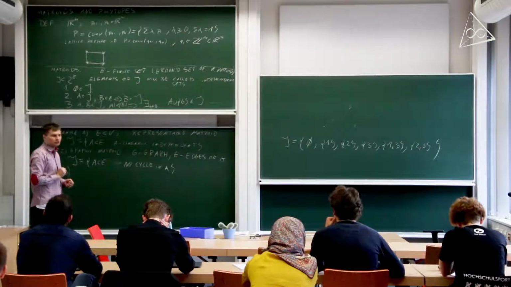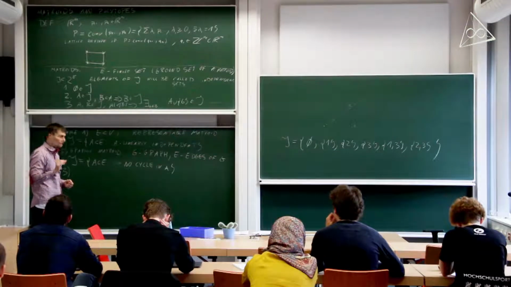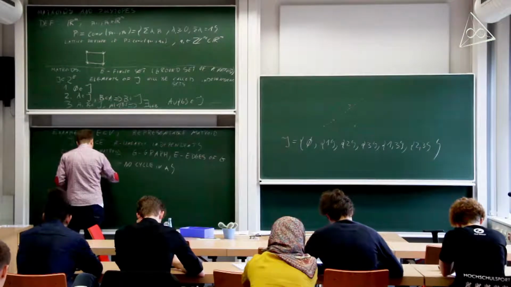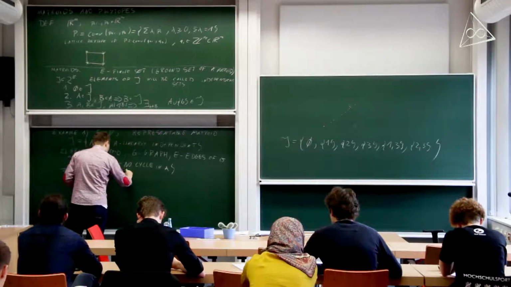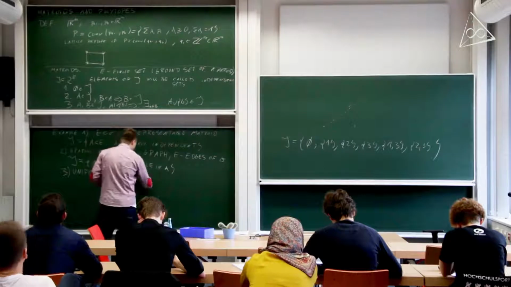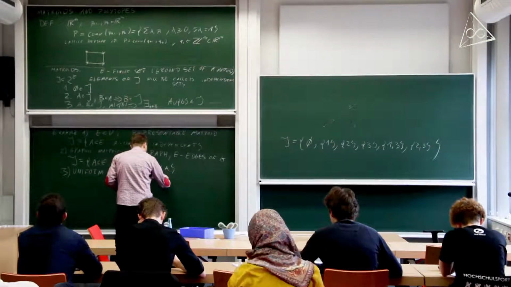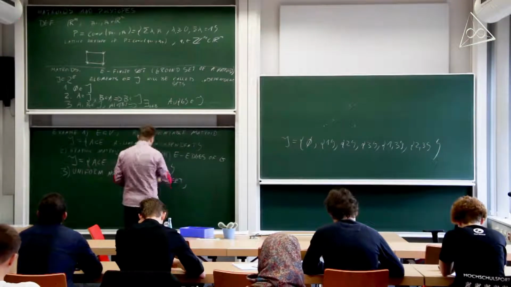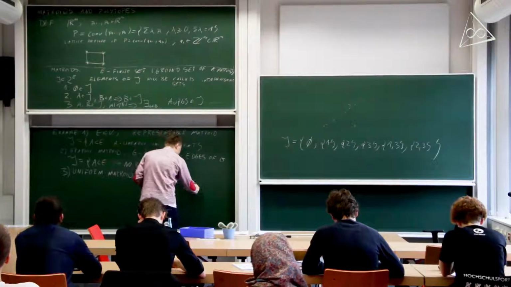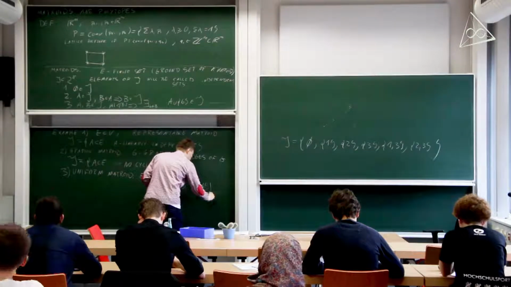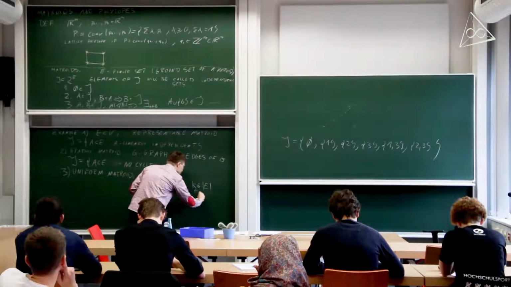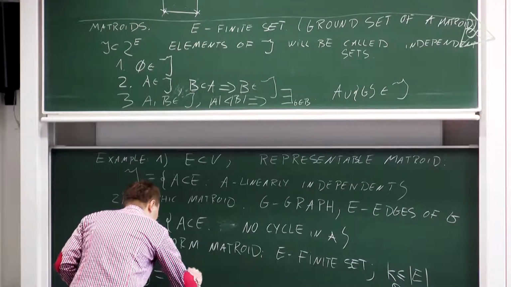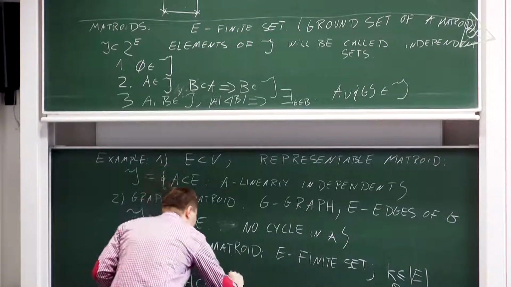Okay. In the notes, you will also find examples of algebraic matroids that I will not write right now on the board, but I also wanted to mention a very easy but important example of uniform matroids. Here we fix any finite set E, and we also fix some integer k that is at most the cardinality of E. And we define I to be those subsets that have cardinality at most k.